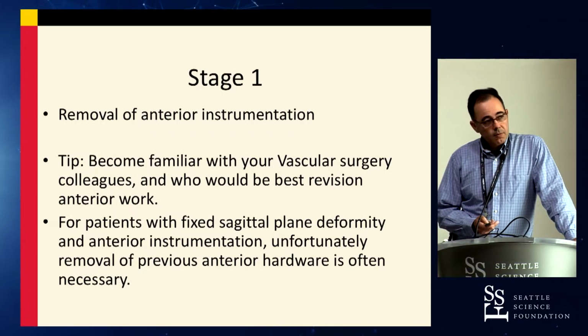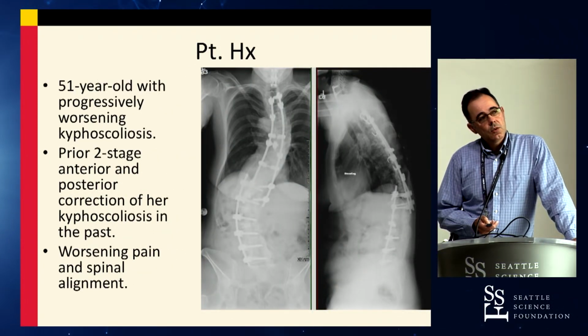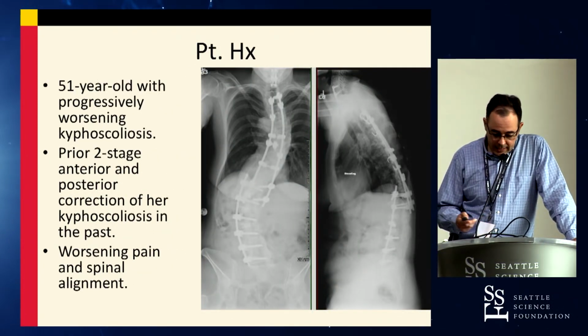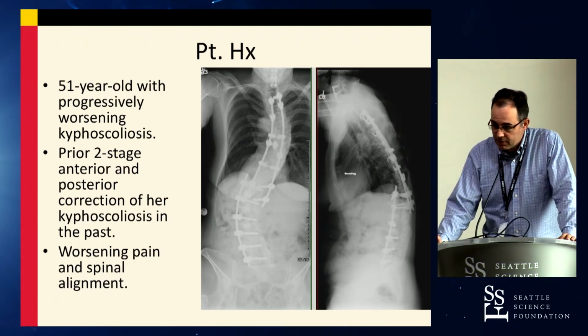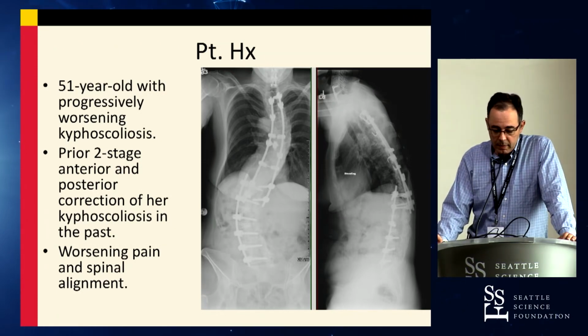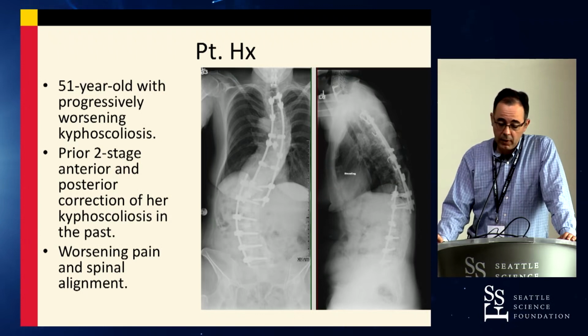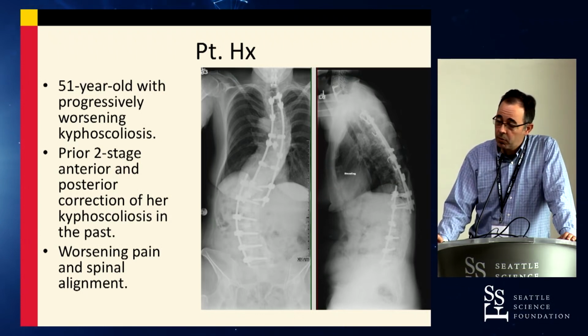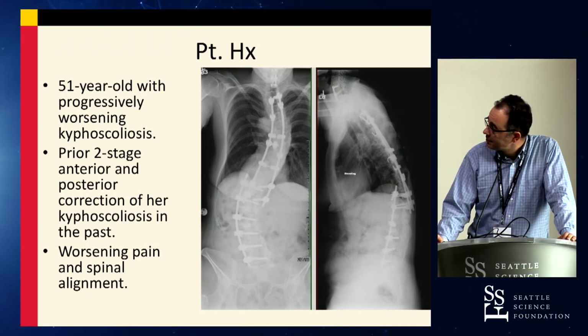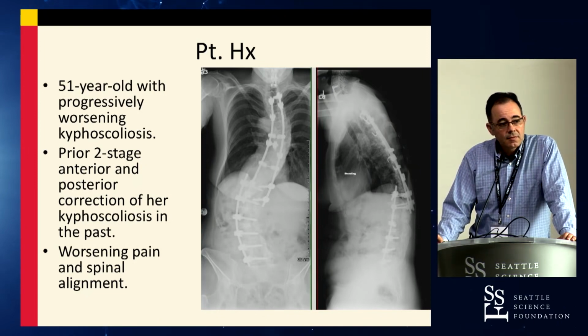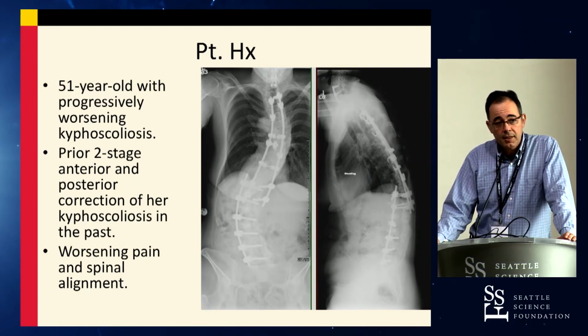So what are your thoughts on that anterior hardware? Is this patient with her fixed sagittal plane deformity going to be capable of having her correction in the presence of that hardware? Yeah, so you're stuck.